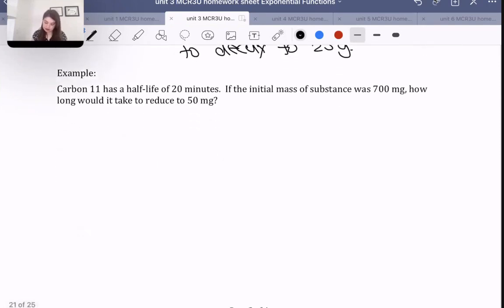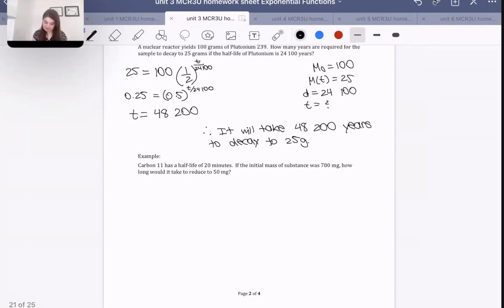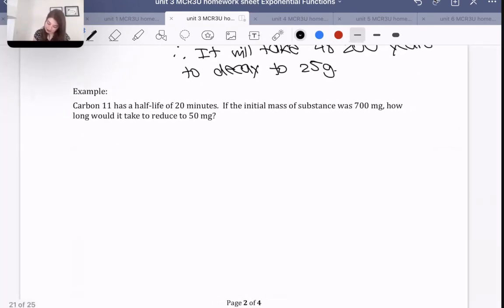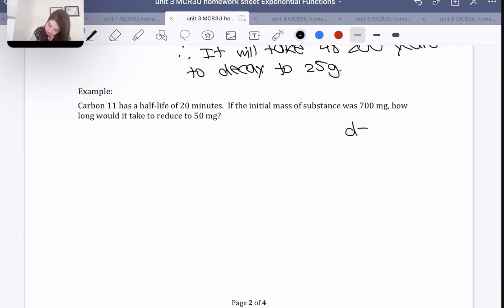All right, let's try this next one. There's only one more question, so I might as well answer it. I do encourage you to pause and try to answer for yourself, but I will answer this one. Okay, carbon 11 has a half life of 20 minutes. So d equals 20 minutes. The initial mass of the substance is 700 milligrams. So M naught is 700.